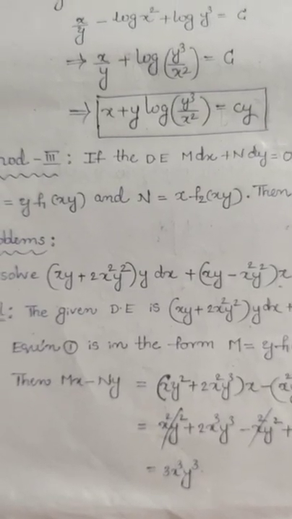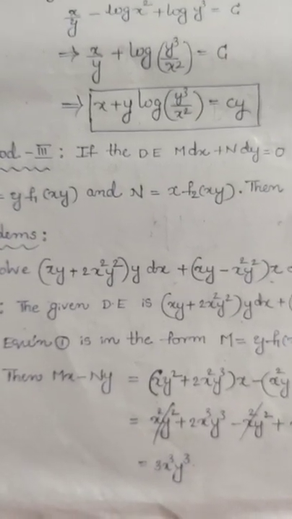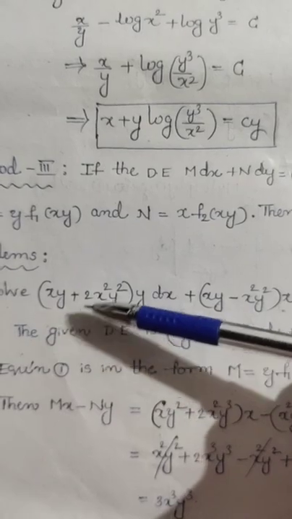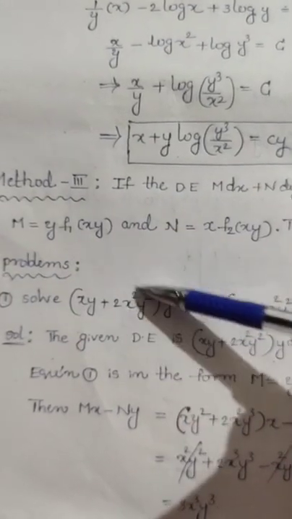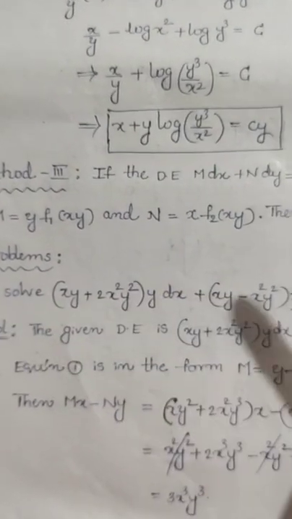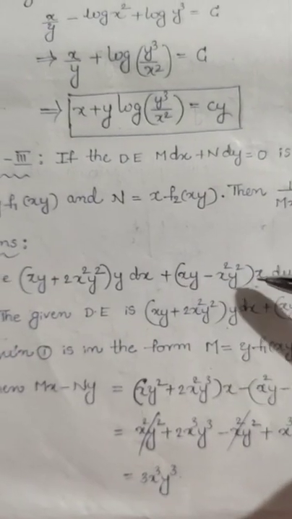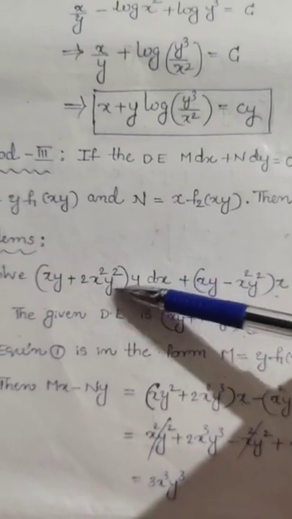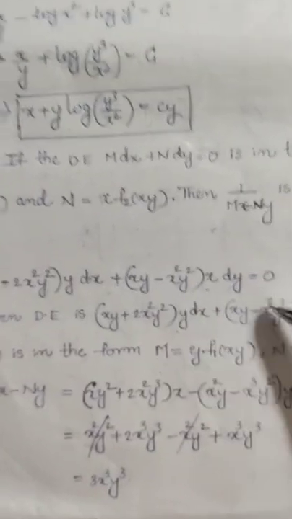The solution for this: let us write this differential equation in the form y into f1 of xy dx plus x into f2 of xy dy equal to 0.